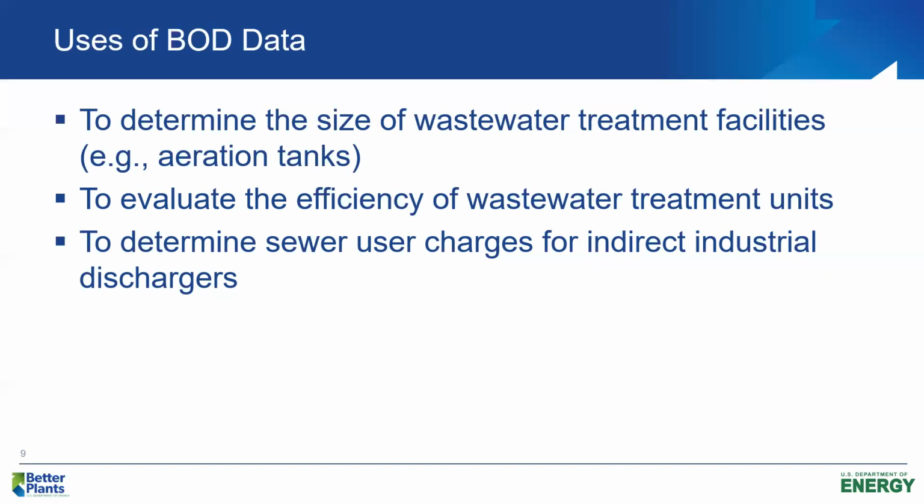Because normally we figure 0.2 pounds of BOD5 per person per day. You take 150,000 pounds a day, divided by 0.2 pounds of BOD per person per day, you get a population equivalent of 750,000 people. That's more BOD than all the citizens inside the city limits of Memphis discharge to the sanitary sewer.